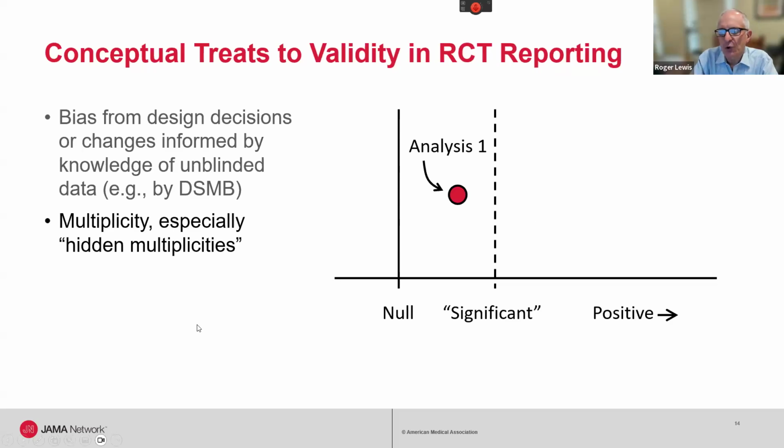But another source of bias is something that we call multiplicities. Multiplicities simply means you're testing multiple things. You're asking multiple questions. And the multiplicities we worry about are not the ones that are laid out in the statistical analysis plan. So recently, some of us were discussing a publication.